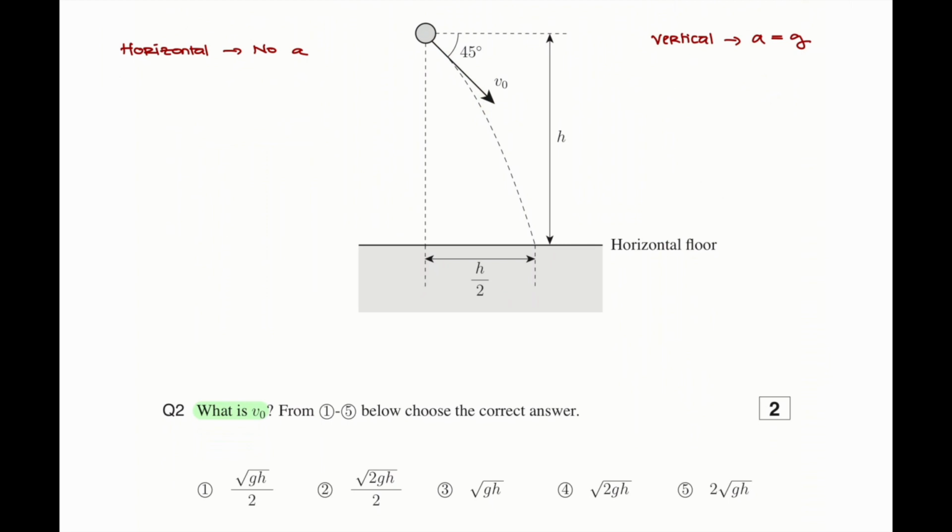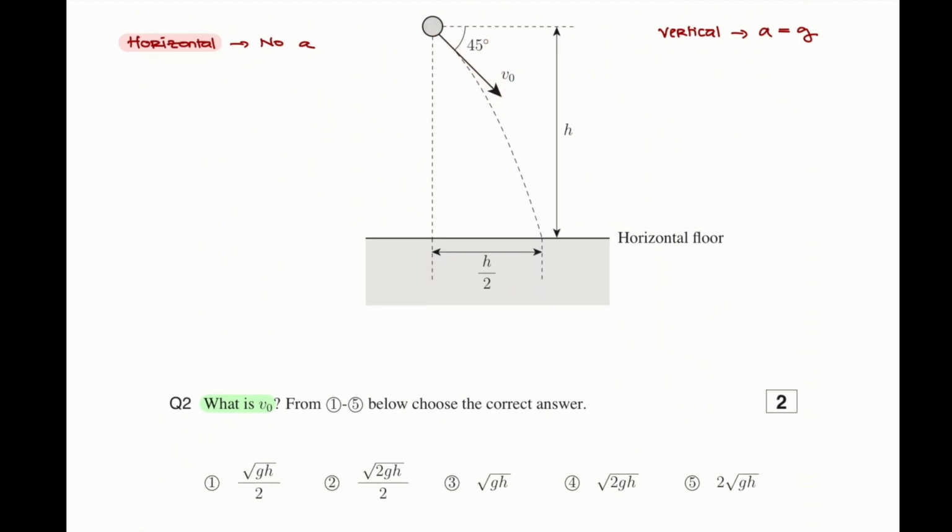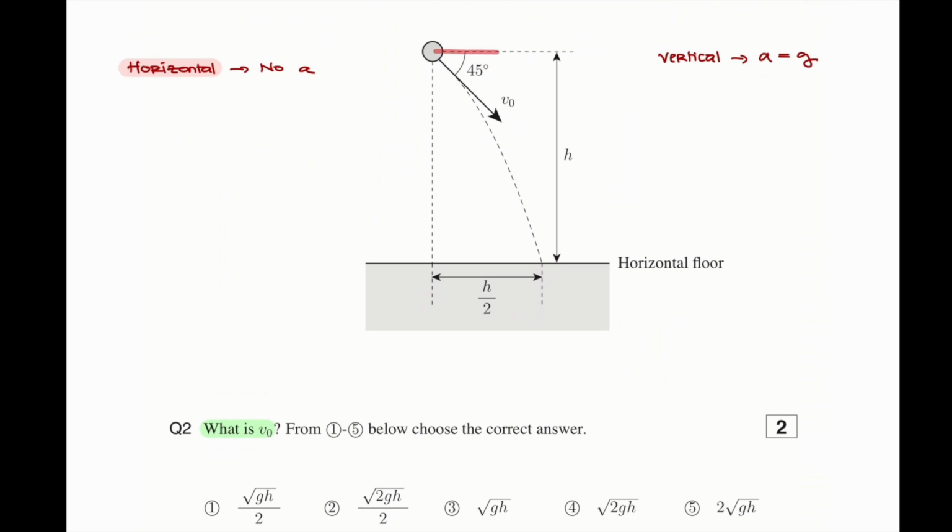First of all, I will try to analyze the horizontal direction. So let's focus on the horizontal component. Since I focus on the horizontal component, V0 must be resolved to the horizontal component. So instead of V0, I need the horizontal component of the velocity.